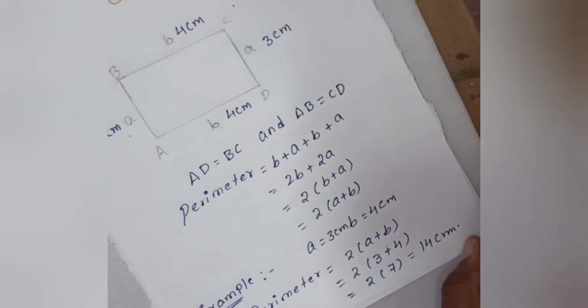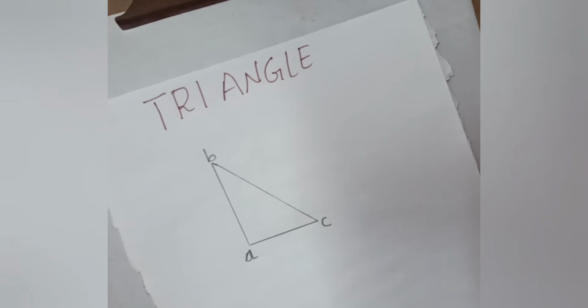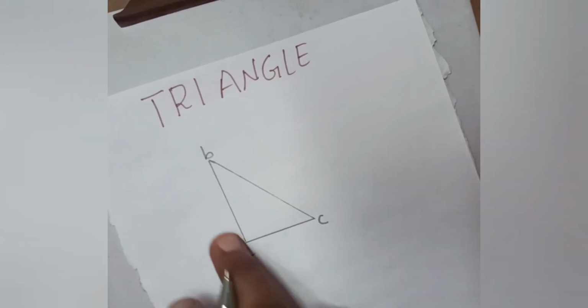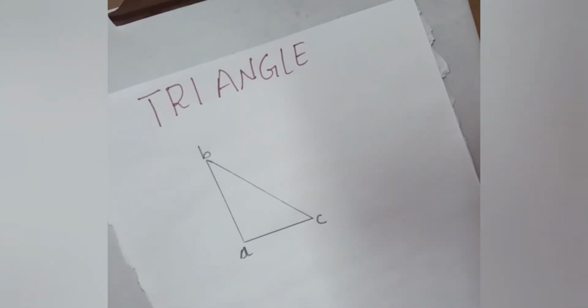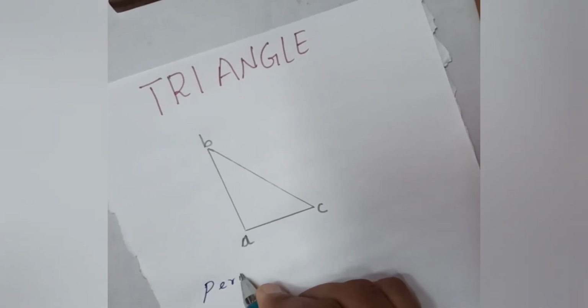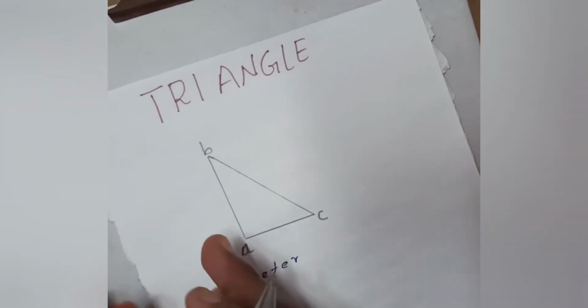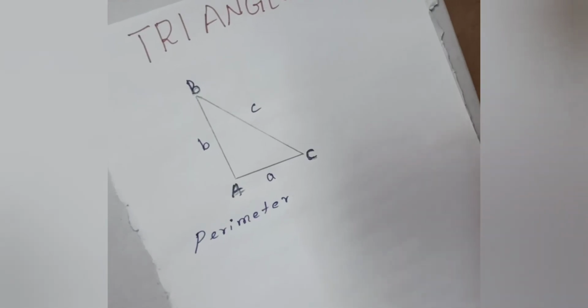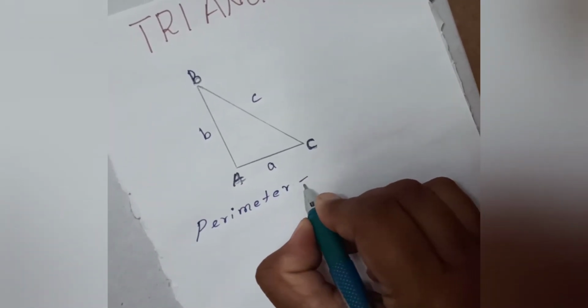Okay, clear? Next we are going to discuss the triangle. How do we calculate the perimeter of the triangle? We already know the triangle contains 3 sides, A, B, C. So let us see how we calculate the perimeter of the triangle.